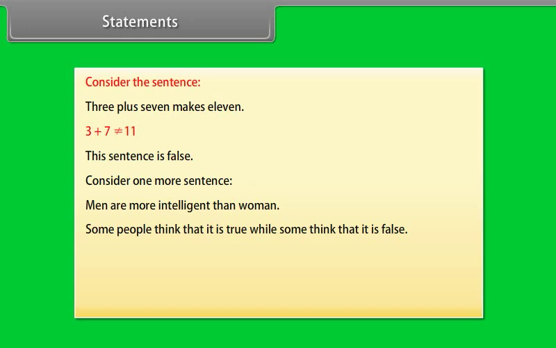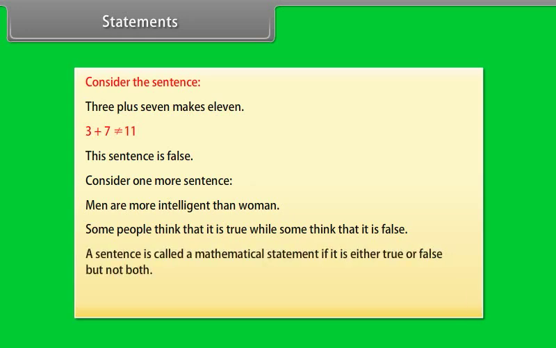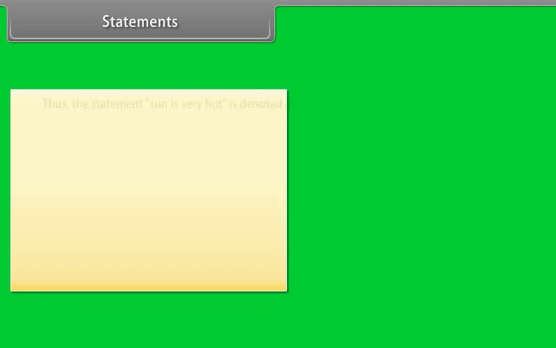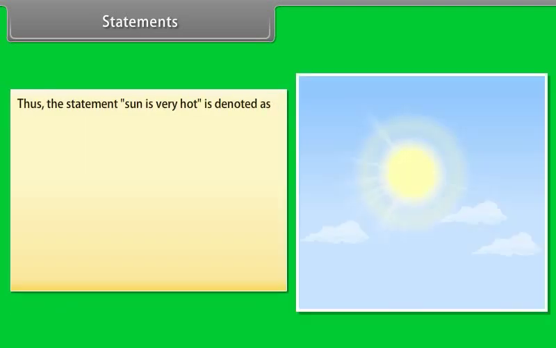Now we define a mathematical statement. A sentence is called a mathematical statement if it is either true or false, but not both. The statements are often denoted by small letters of the alphabet, P, Q, R, etc. Thus, the statement "Sun is very hot" is denoted as P, sun is very hot.